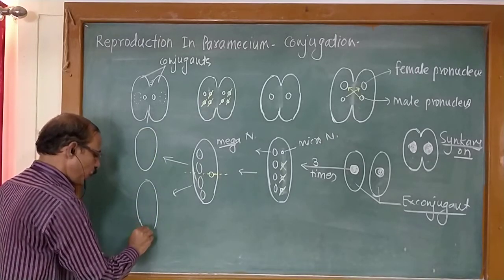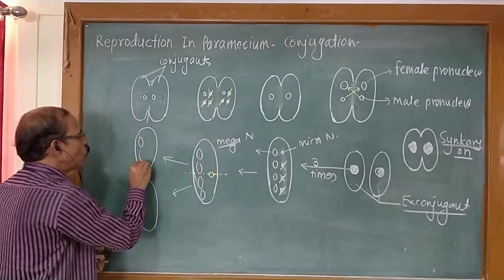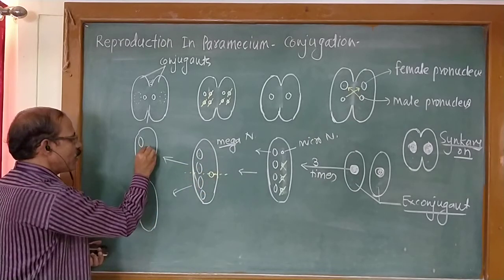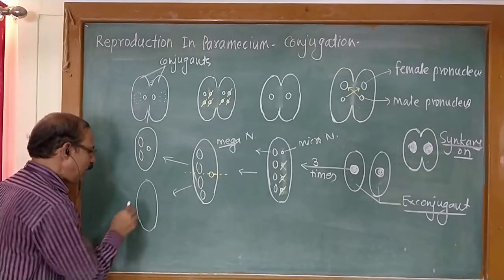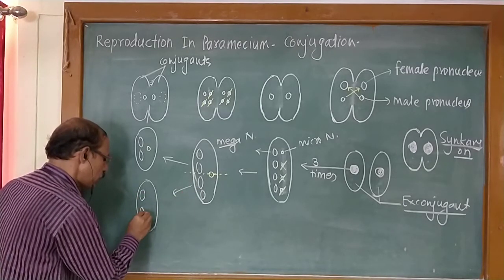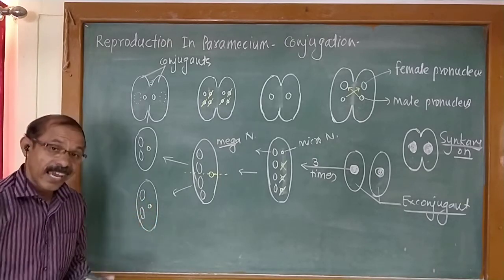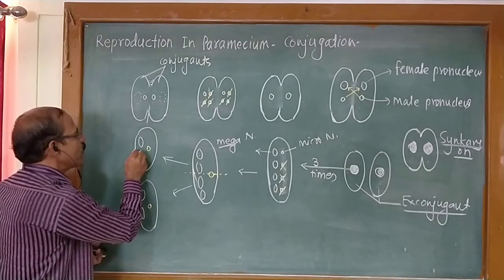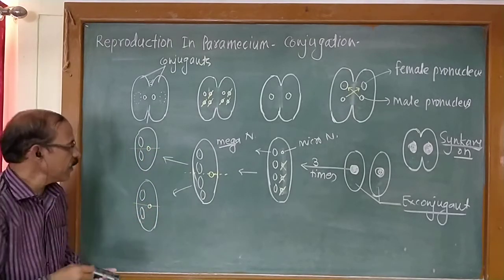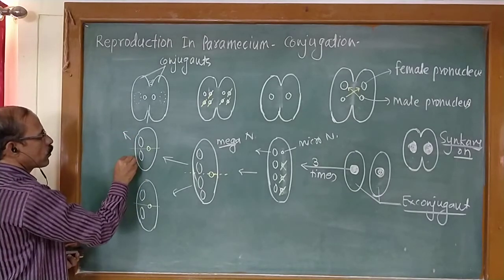forming two paramecia. Each paramecium is having two meganuclei and one micronucleus. Again, this paramecium along with the micronucleus divides, forming four. From these two are formed.